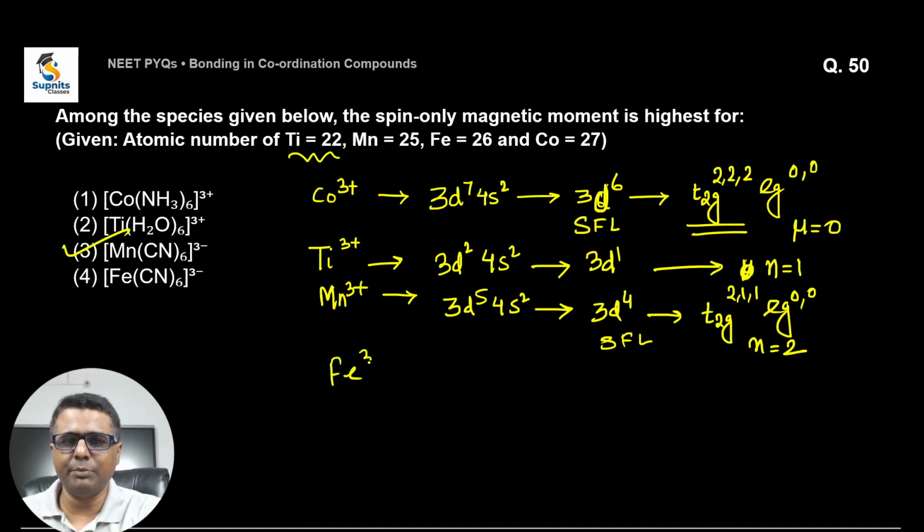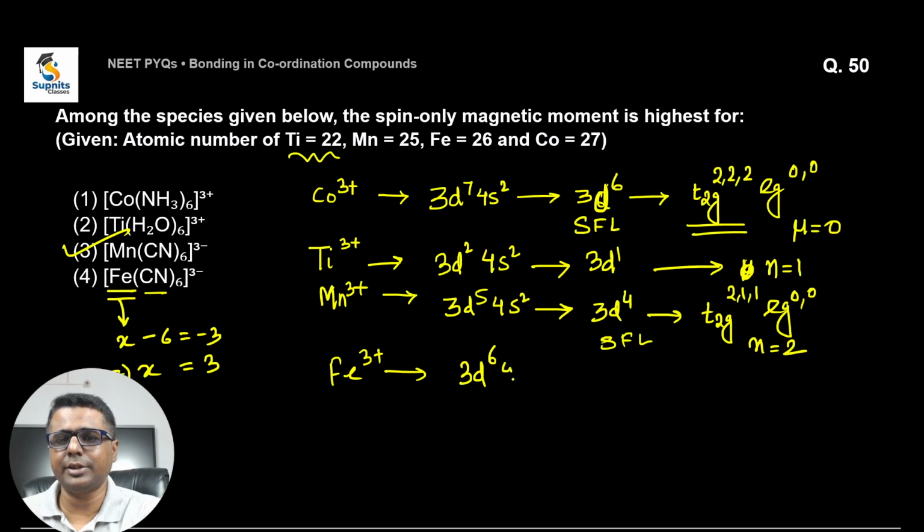This is Fe3 plus, right? You know how to calculate this oxidation state. If you take this as x, and the ligand is -1, so x minus 6 is equal to -3. So x will be 3. So it is 3 plus. Normally iron is 3d6 4s2. Now when it is 3 plus, it will be 3d5 with SFL.